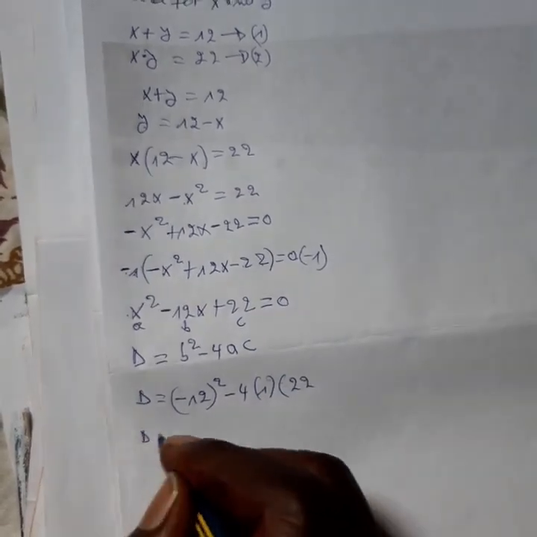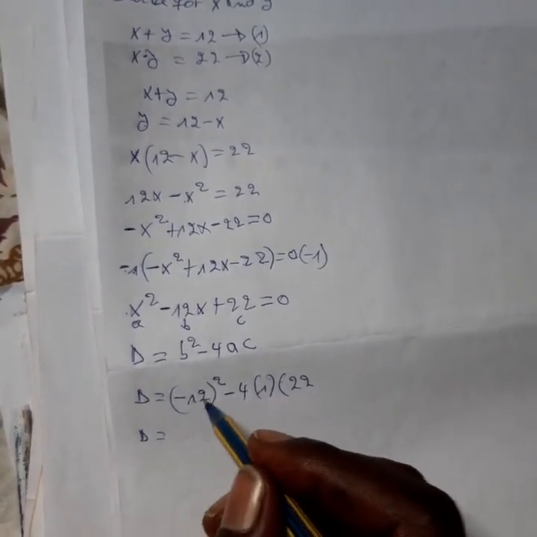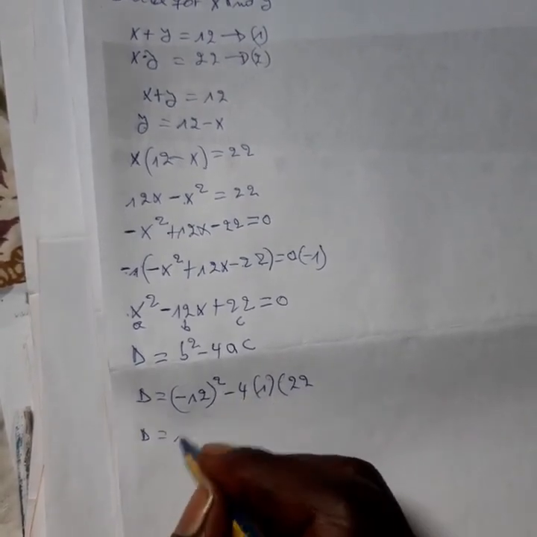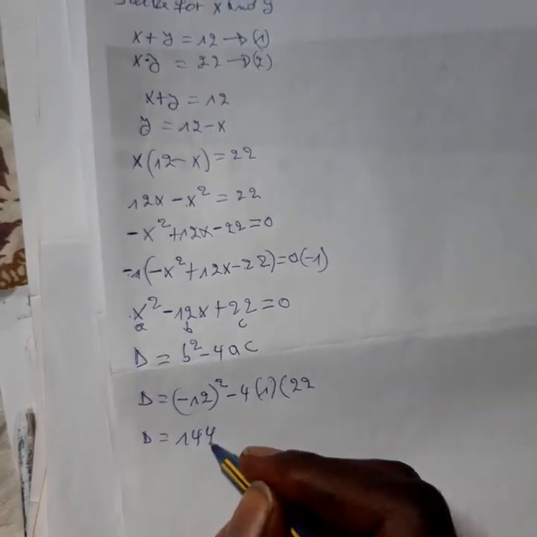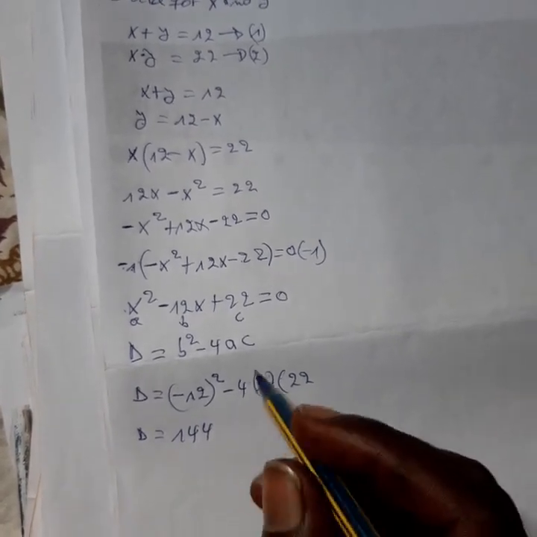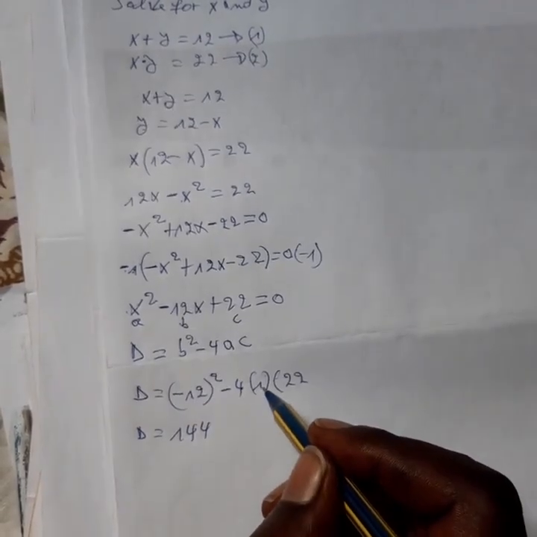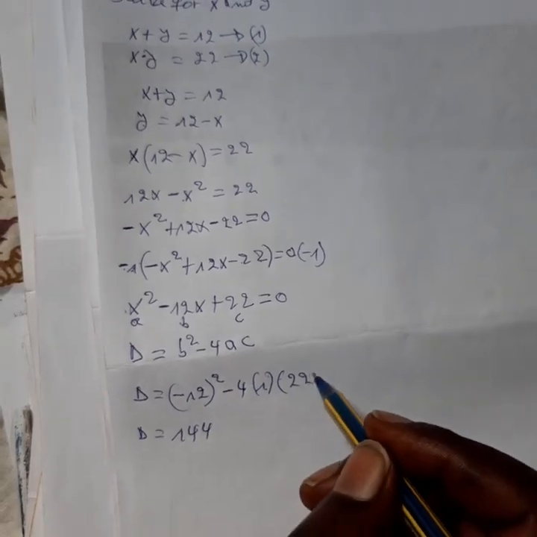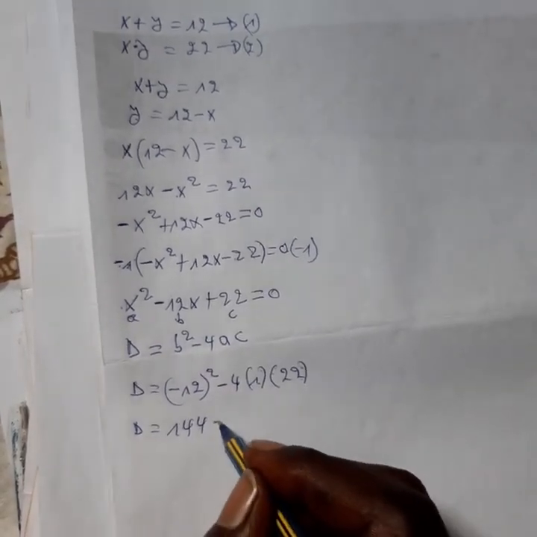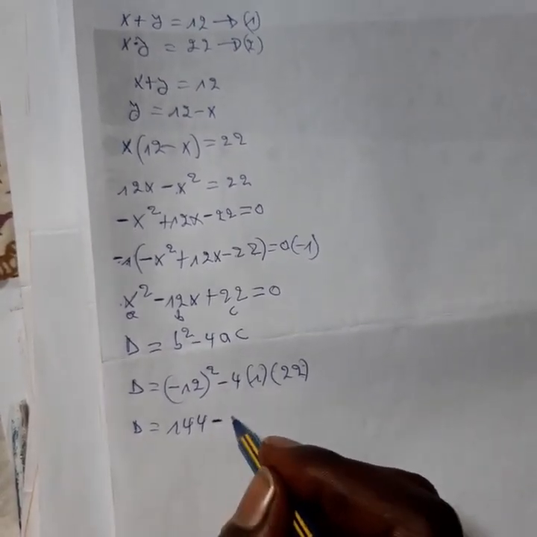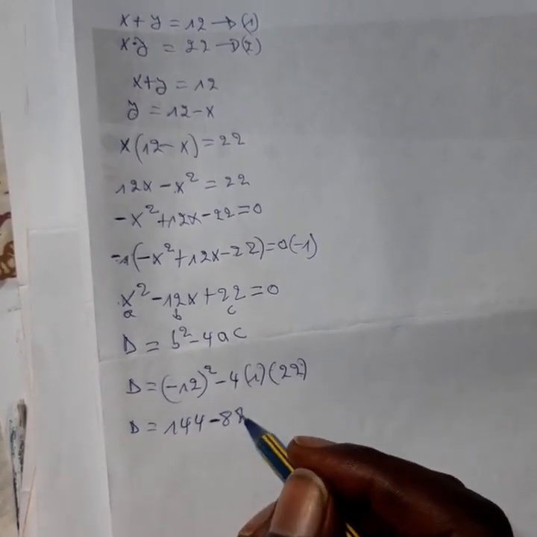So d will be equal to 12 squared, which is 144, because it is 12 times 12. Then 4 times 1 is 4, times 22 gives 88. So negative 88.